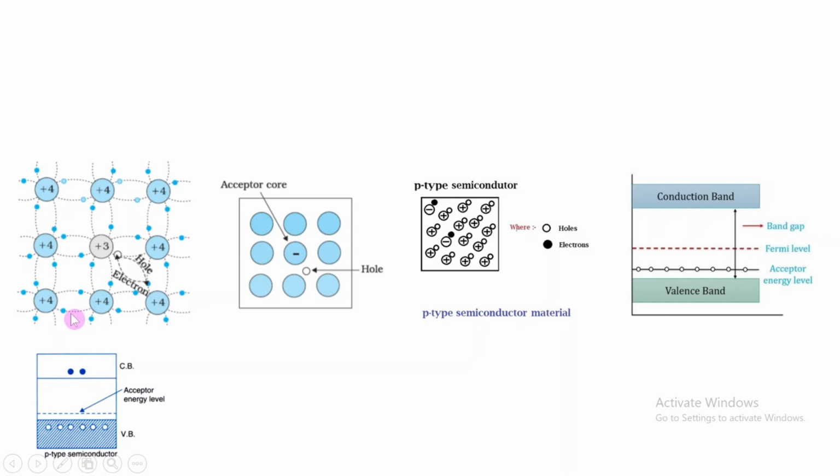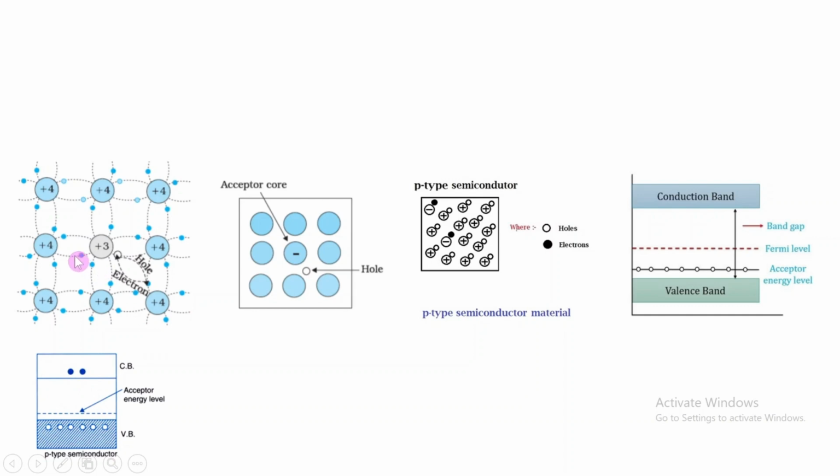So some electrons will be produced, and that electron will jump into the conduction band and leave the hole behind in the valence band. These electrons have jumped to the conduction band in the presence of external temperature, leaving holes behind in the valence band. Here the amount of holes in the valence band is more compared to the electrons in the conduction band.